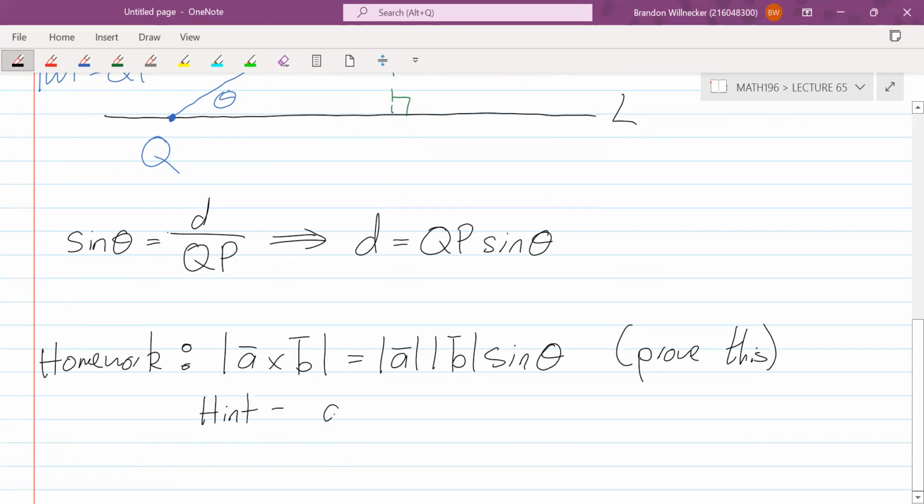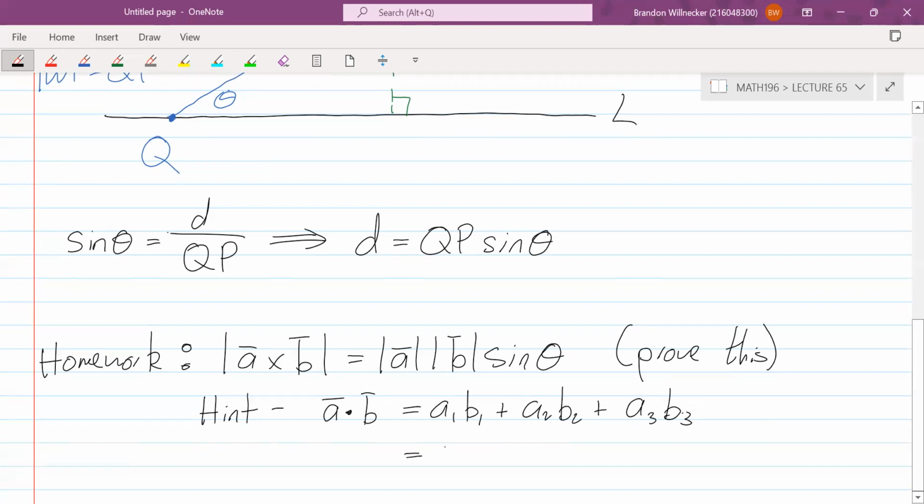Okay, so the hint is, remember from the dot product that A dot B, we can write this as A1 B1 plus A2 B2 plus A3 B3, if we have components 1, 2, and 3 for both of them.